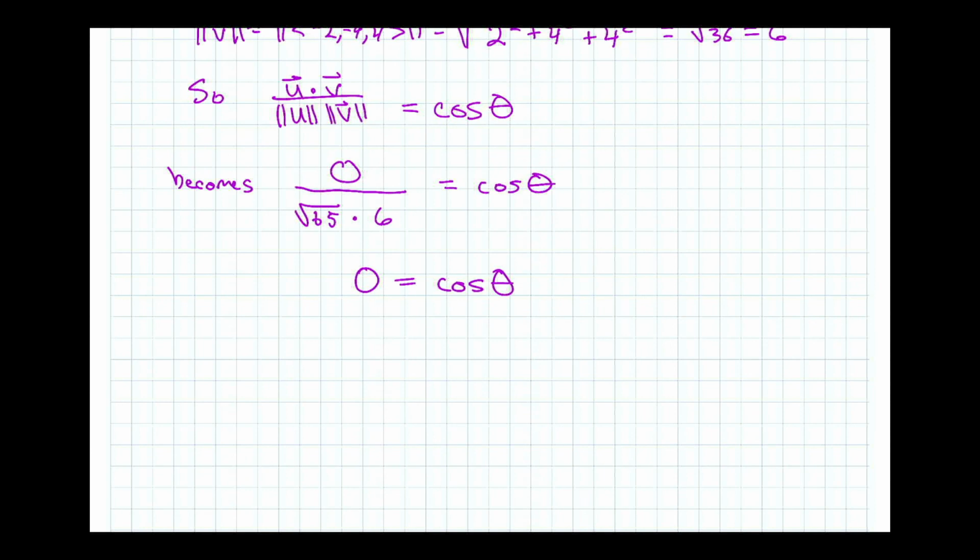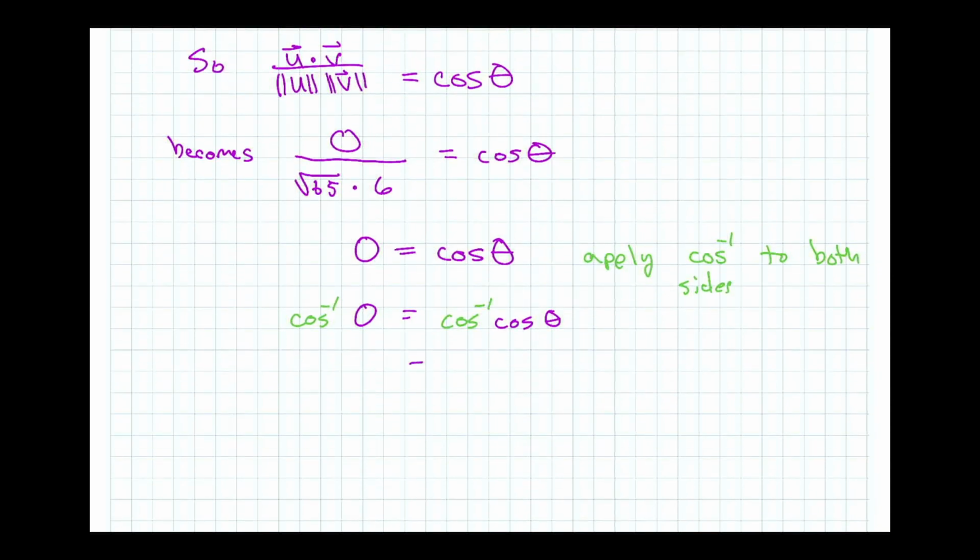And normally what you would do here is you're trying to find theta, so you would do an inverse cosine on both sides. So apply cosine inverse to both sides, right? So you have a cosine inverse of, in this case, 0 and cosine theta. And on the right-hand side, those cancel and you just get theta.